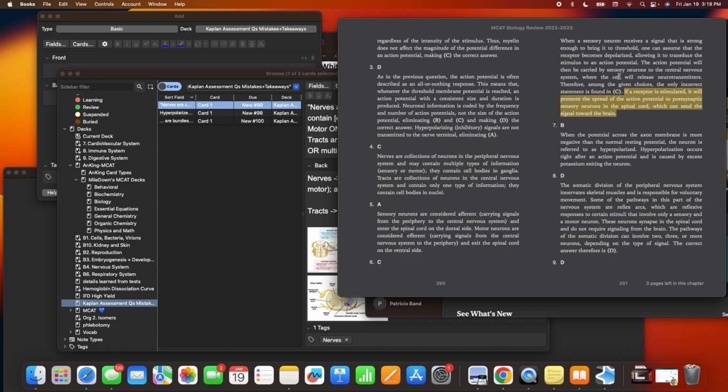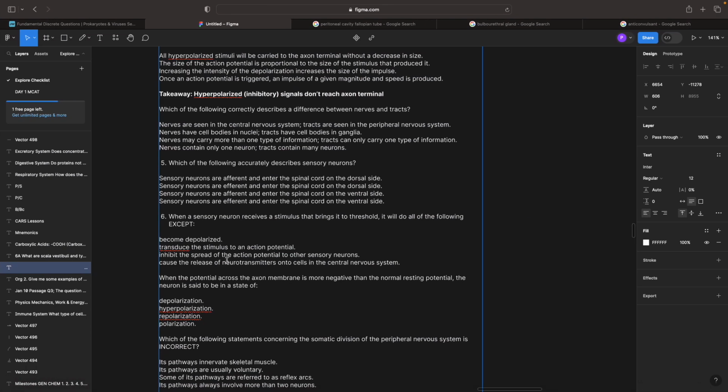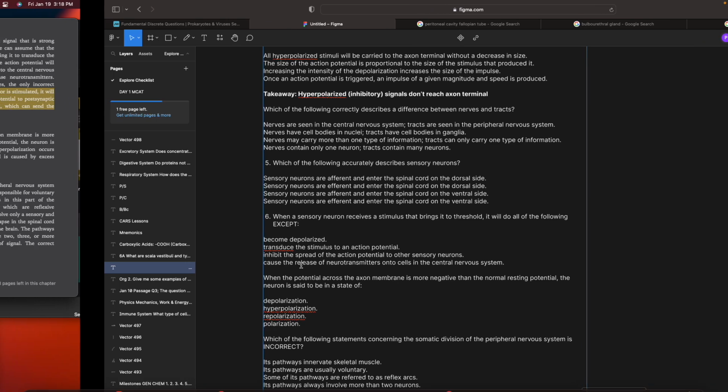It's sensory neurons, not a sensory neuron, or like one sensory neuron to the interneuron, so it's sensory neurons, where the cell will release neurotransmitters. So there, the cell in the CNS releases neurotransmitters. So the sensory neuron causes the release of neurotransmitter onto cells in the CNS.